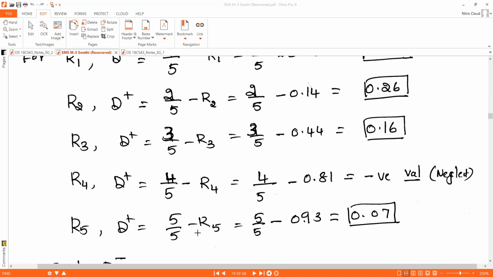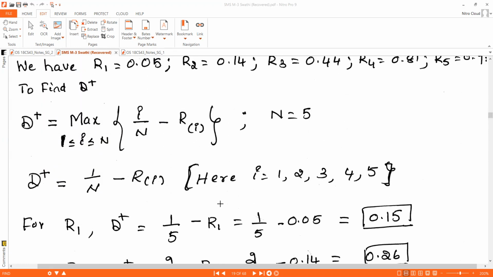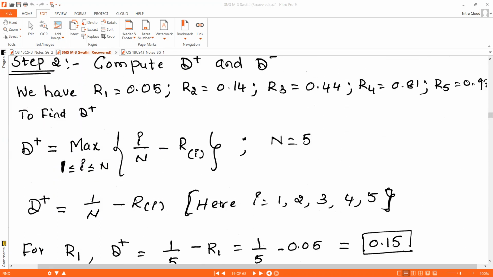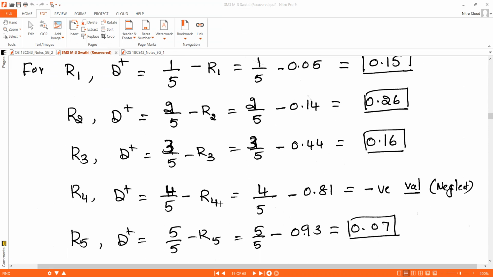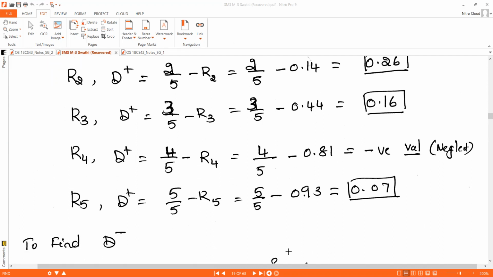So 5 by 5 minus R5. 5 by 5 is 1 minus, what is the R5 value? R5 value given in the question is 0.93. We'll substitute 0.93 here. 5 by 5 minus 0.93, we will get 0.07. That is the d plus value when i equal to 5.